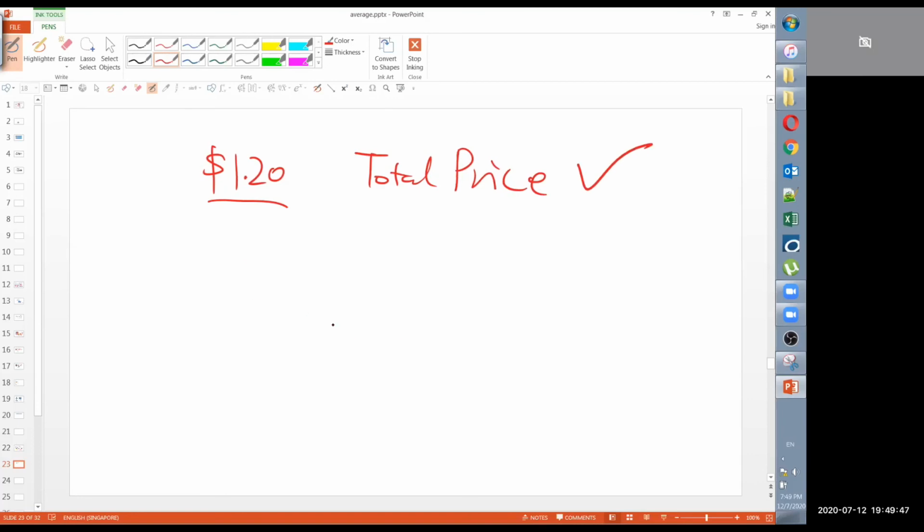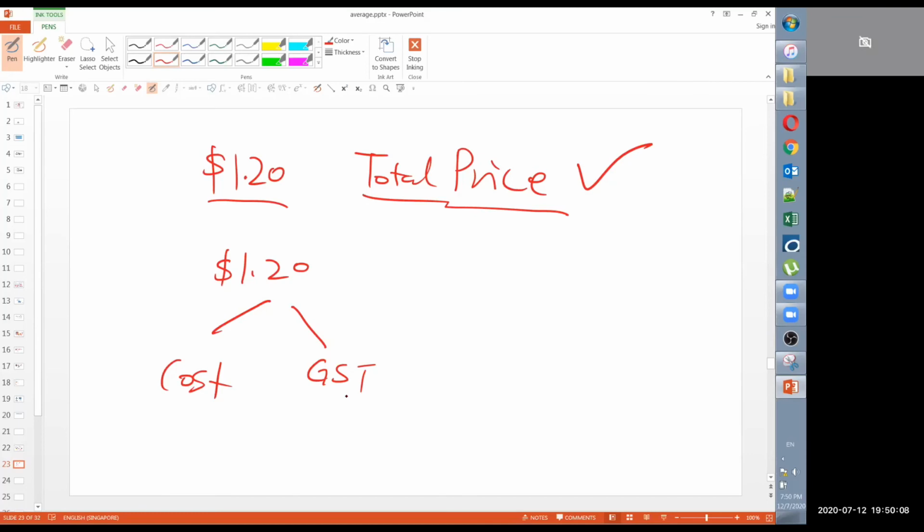So now 120 is the total price, right? So that means inside here, there is a cost. If you split, then there is a GST, right? Inside this 120, am I right? Yeah. So you split, okay?